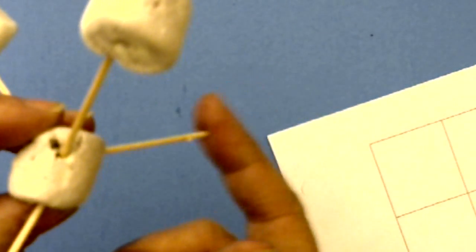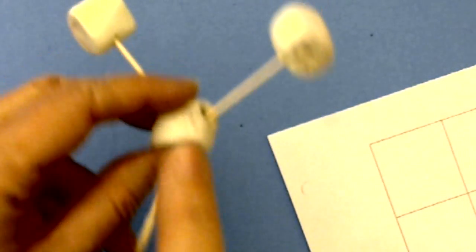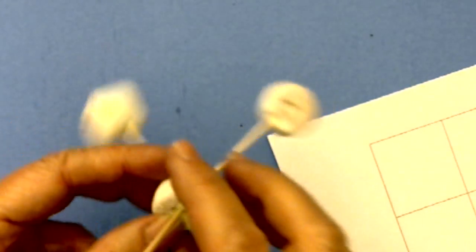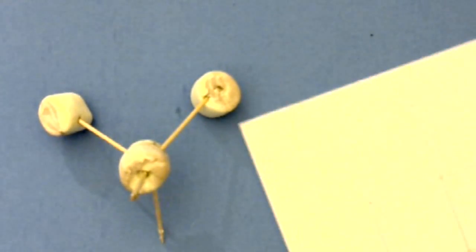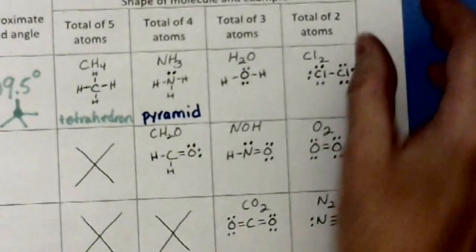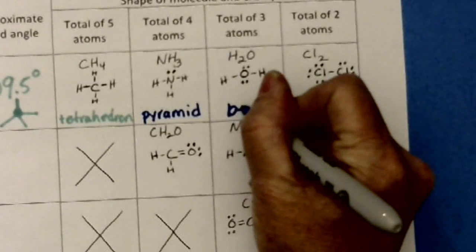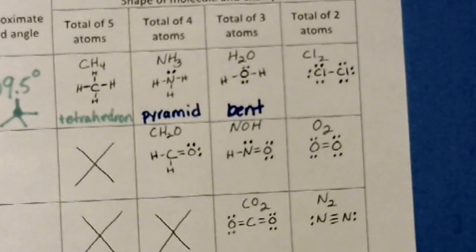So I still have electrons here, still have electrons here, okay? But this is the shape I get. And what is that shape? That's the bent shape, all right? So if I have water on my chart, this is bent.